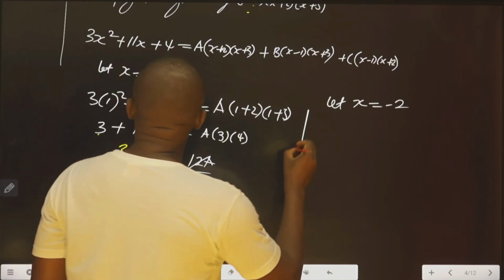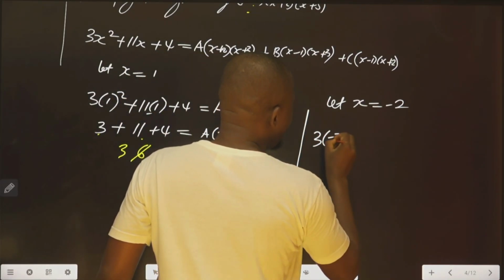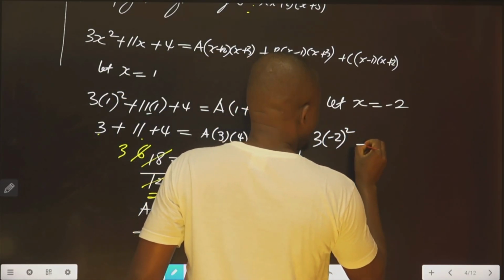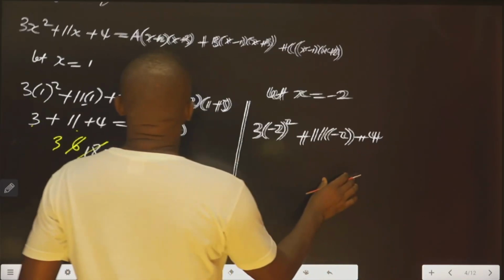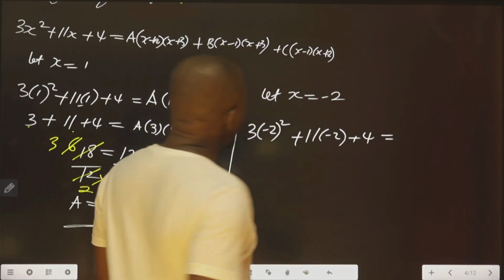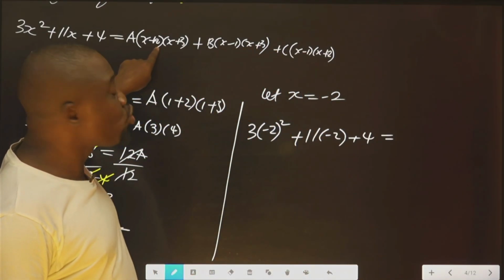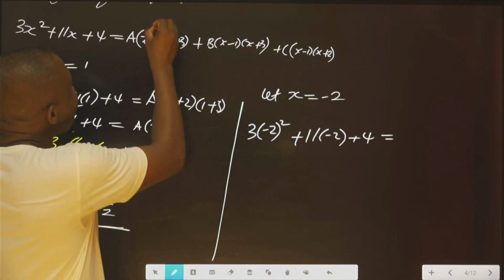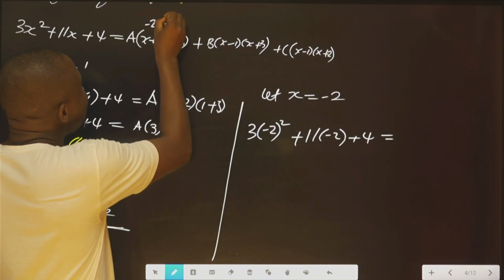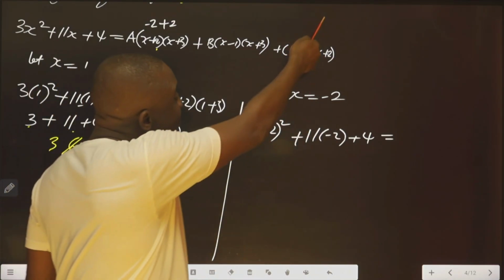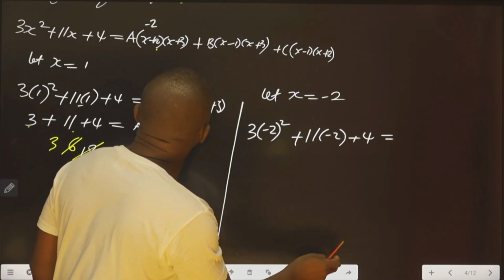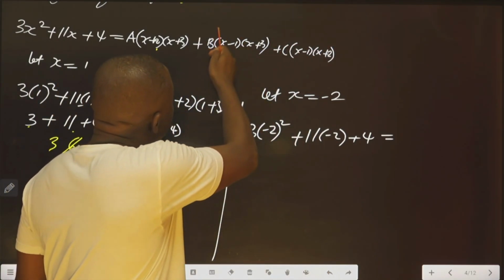In place of this, we say 3 minus 2, minus 2 equals to, if I put minus 2 here, that is s minus 2, and this plus 2 will produce 0. It will kill this. The same thing will happen here. So no need to waste our time. We simply concentrate here.